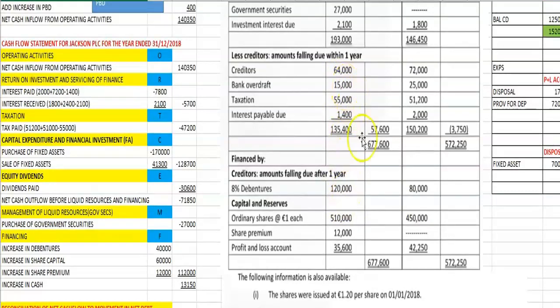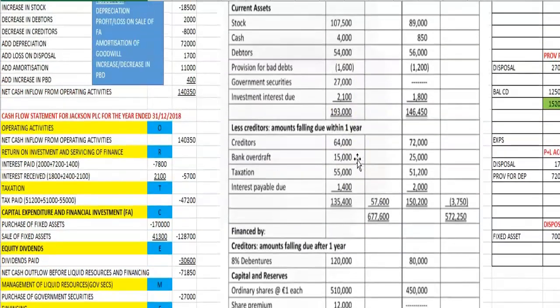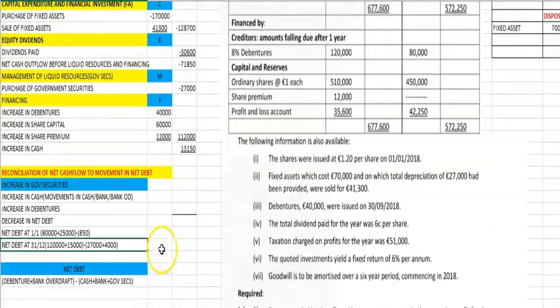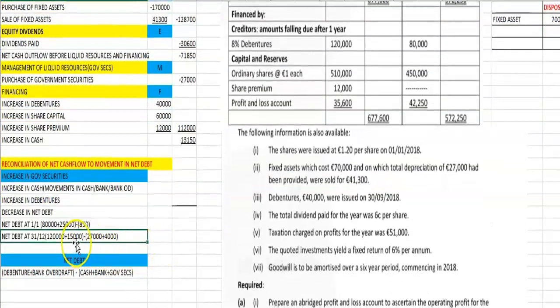That's 135,000. From that, I'll be deducting cash, bank and government securities. So I'll be deducting 4,000 and 27,000. So if you take 120,000, add 15 and deduct your 27 and your 4, that will give you your net debt at the end of the year, 104,000.